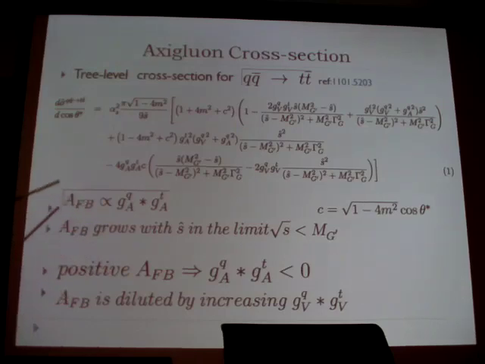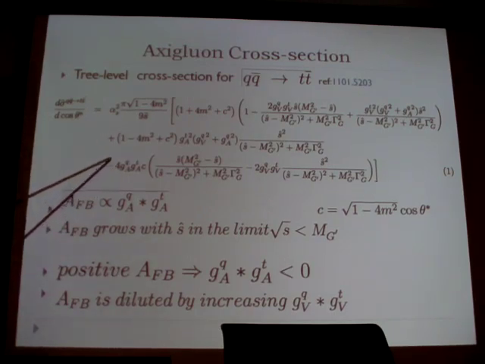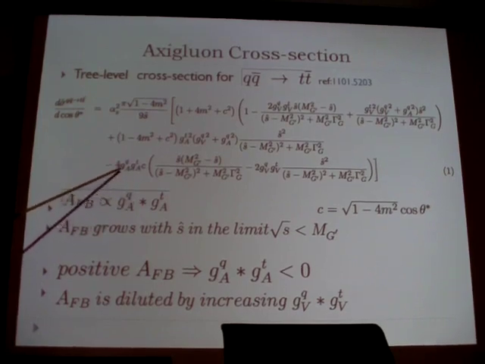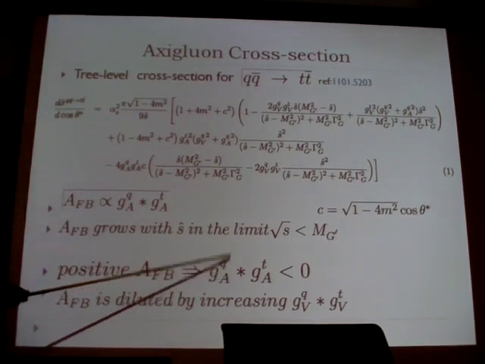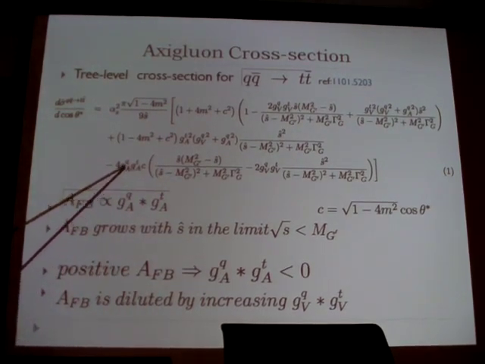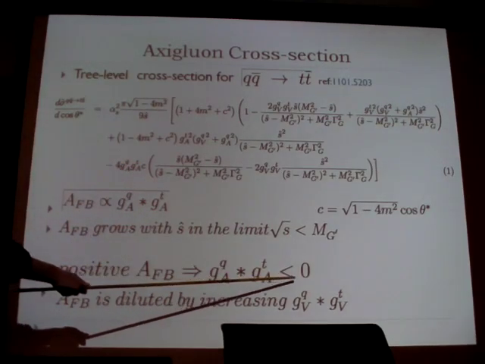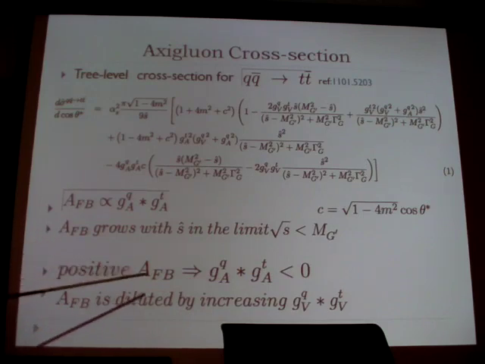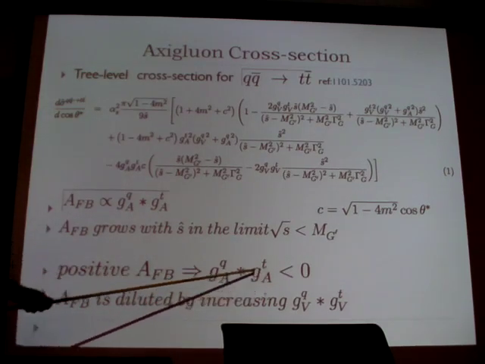If we want the asymmetry to be positive, as we saw before, since there is a negative sign here, the product of the axial couplings of the Axigluon, the light quark part and the top part, should be smaller than 0. Okay, so that's one condition we need to satisfy.